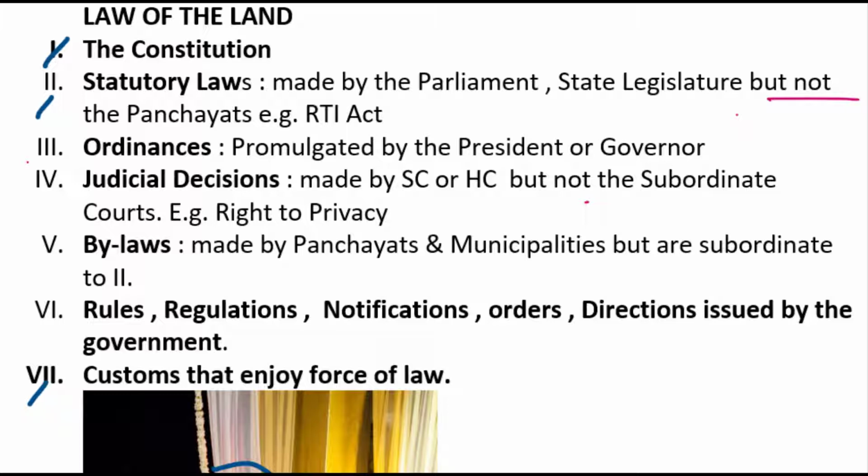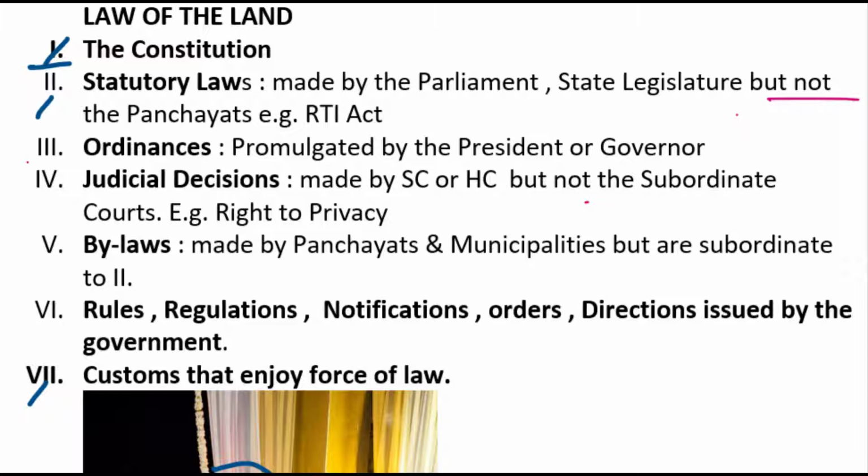Now the constitution, being at number 1, is the supreme of all the laws. All the laws must be in conformity with the constitution, or else they are declared unconstitutional by the judiciary, and hence they stand void.